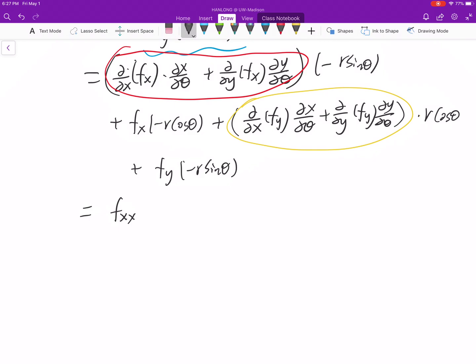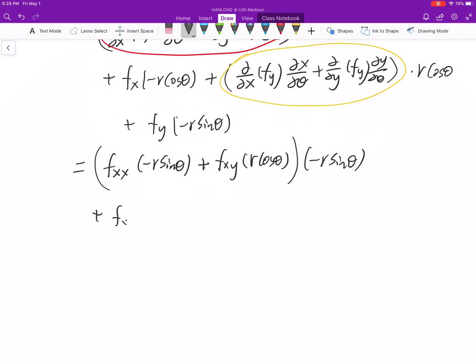And then partial x partial theta is negative r cosine theta, sorry, negative r sine theta. And then you plus fxy r cosine theta. This is partial y partial theta times negative r sine theta.